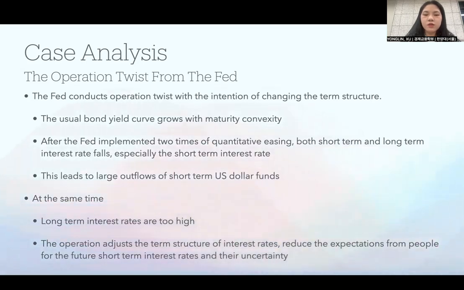And the operation does not increase the basic money supply, but it adjusts the term structure of interest rates, reducing people's expectations of the future short-term interest rate and their uncertainty, and increasing the short-term interest rate in the money market and encouraging society to engage in relatively stable medium-term and long-term financing.